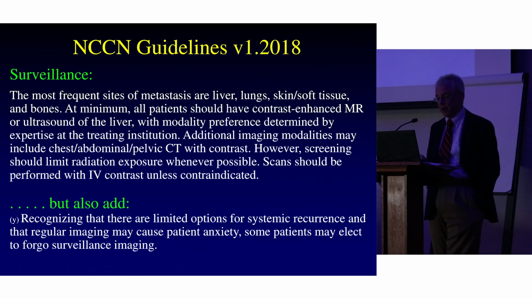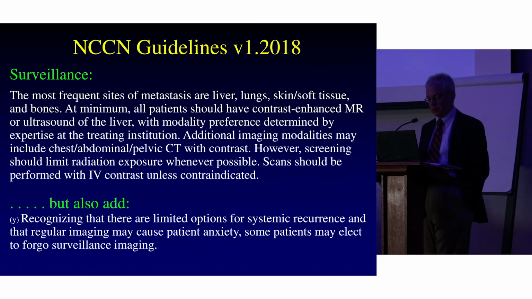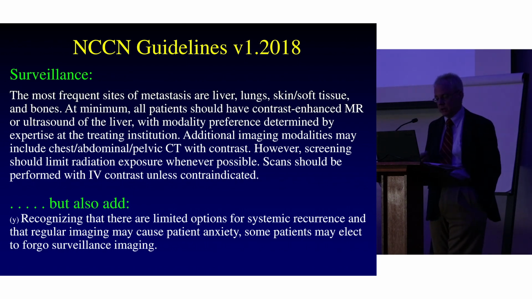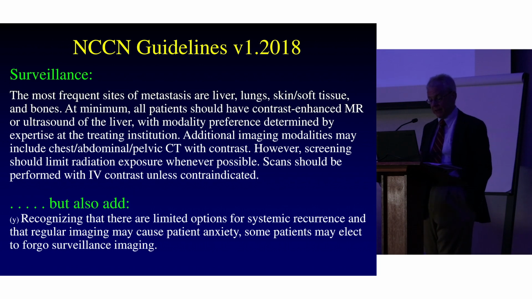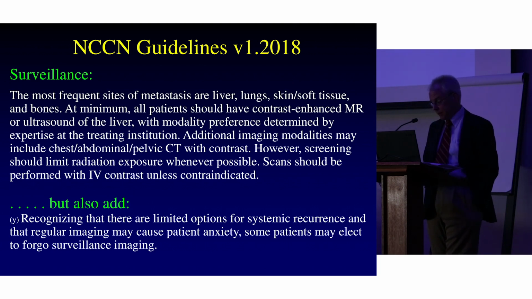Scans should be performed with IV contrast. Then they also add the zinger of recognizing that there are limited options for systemic recurrence and that regular imaging may cause patient anxiety. I'm quoting this, I didn't write this. Some patients may elect to forego surveillance imaging. We respectfully disagree with that point, but then again, we're not a member of this esteemed group.